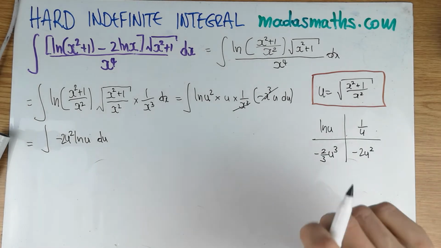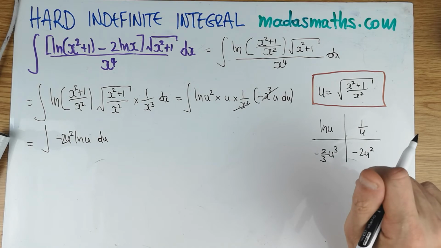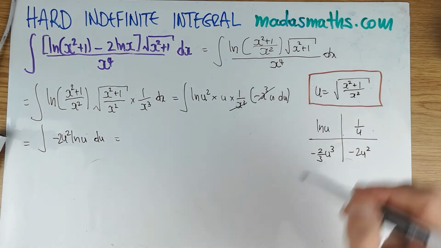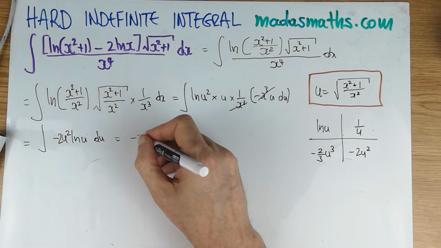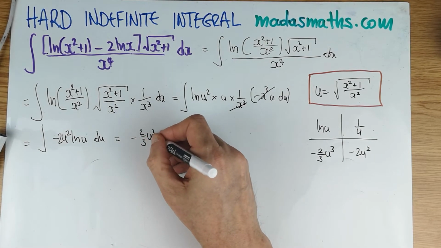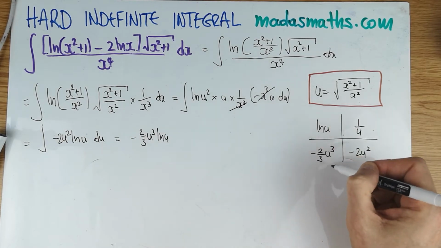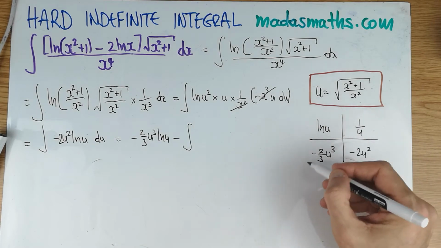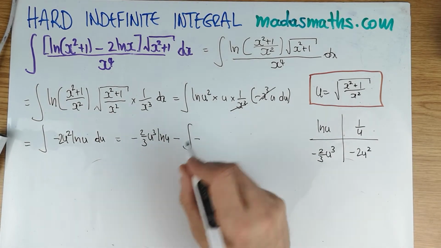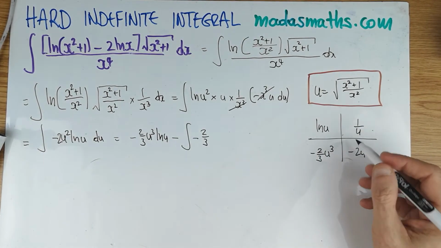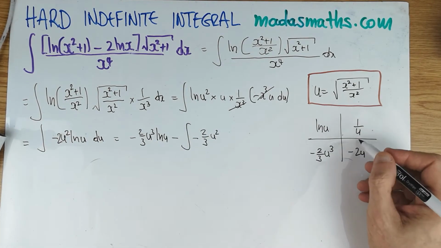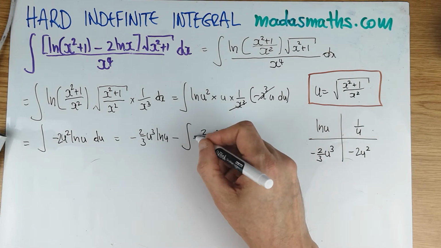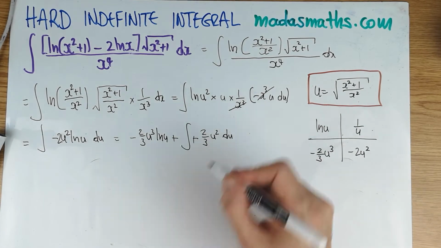It's some kind of grid that I'm using when I do integration by parts. Of course, you can do the integration by parts whichever way you normally do it. For me, this is the product of this column, so it's minus 2/3 u cubed log u, minus the integral of the product of this diagonal. So it's minus 2/3 u squared, because the 1 over u will cancel me down. And I don't want to have line minuses there, so that's going to be a plus.